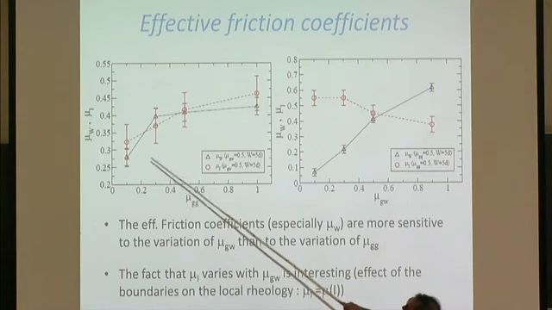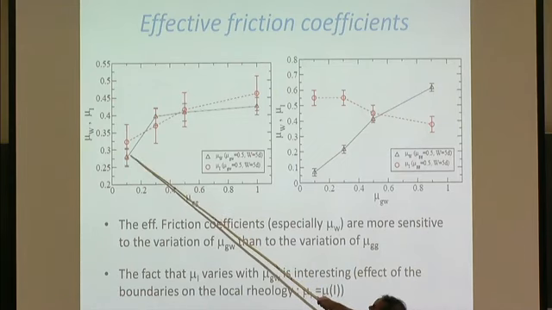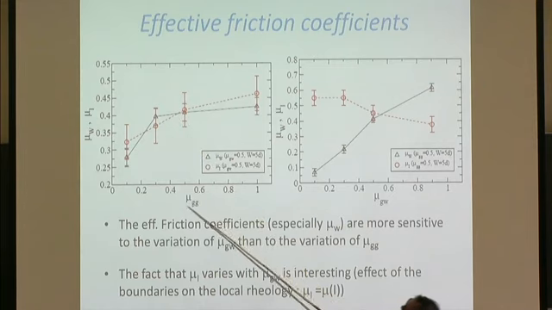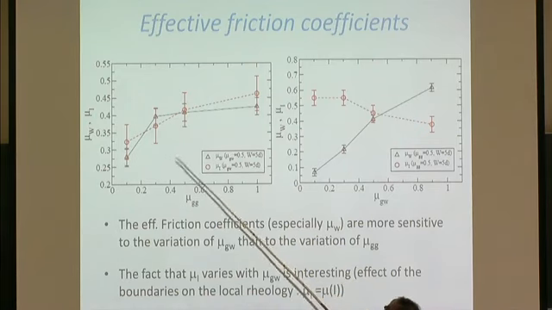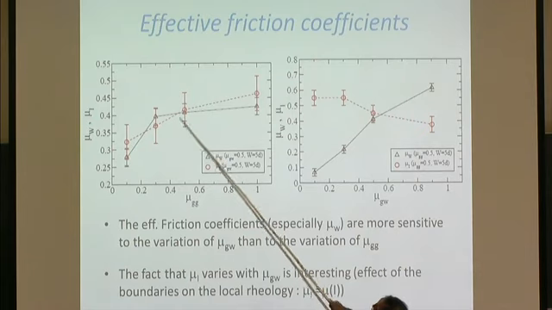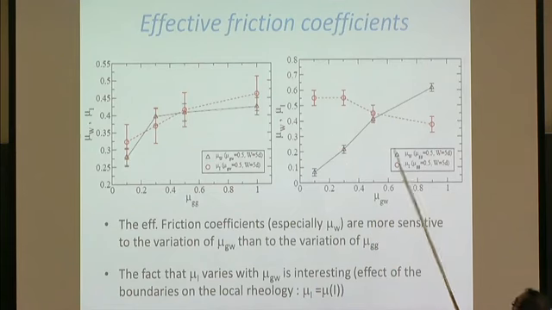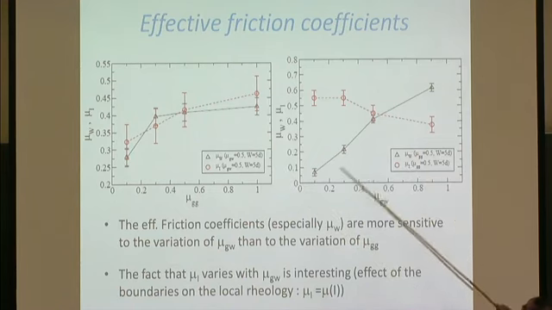You see that the variation of these frictions with the microscopic grain-grain friction coefficient is small, especially for the friction on the wall. But the dependency on the microscopic grain-wall friction coefficient is much more important, especially for mu W, which is what we could expect. So this friction is more important than the other one.